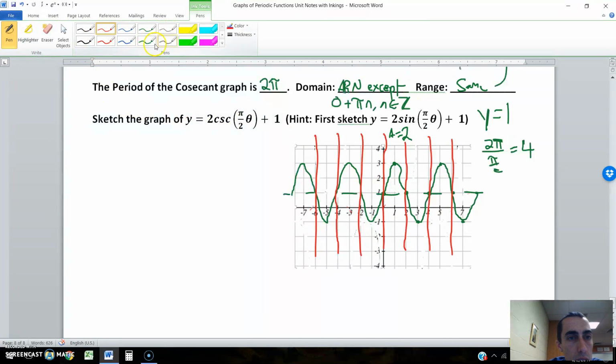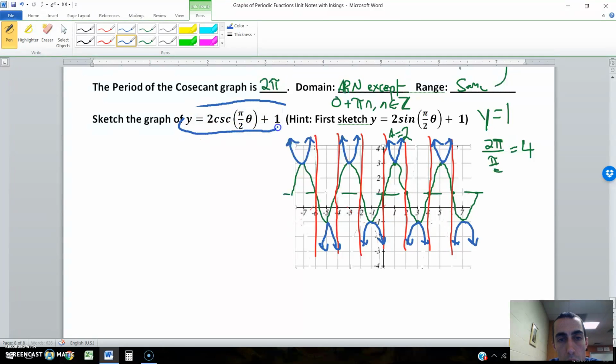Then finally, we'll put them in blue, we'll draw our U-shapes. That's a pretty ugly U-shape. It's a little easier to have drawing control with a pencil than with this stylus. This is what your graph will look like here. It's y equals 2 cosecant of pi over 2 times theta plus 1.